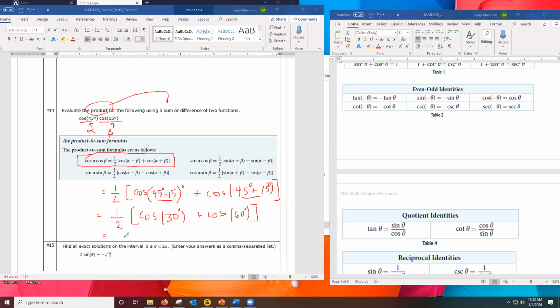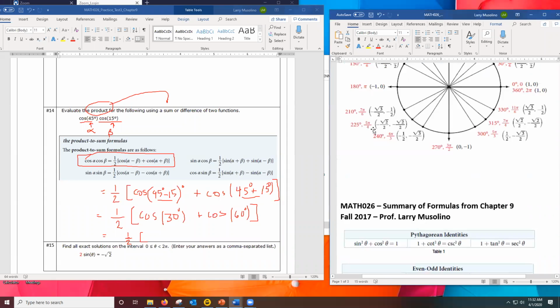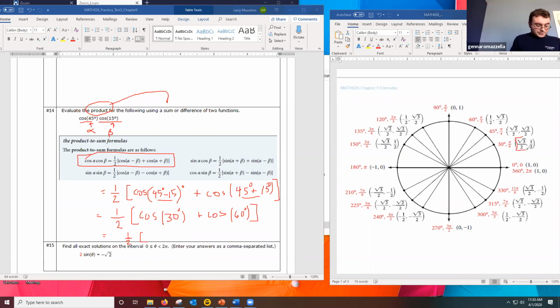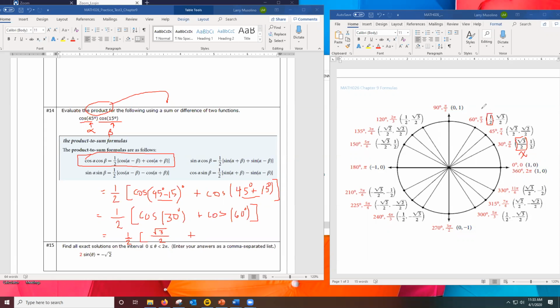So now I can go to my unit circle. Cosine 30, I'll bring up the unit circle here so we have it. Here's the unit circle. Cosine of 30 is here. Square root 3 over 2. Yeah, remember cosine is the x value on the unit circle. So this is going to be square root of 3 over 2. And cosine 60, I'm coming over here. Again, remember cosine is the x value. It looks like that is 1/2.